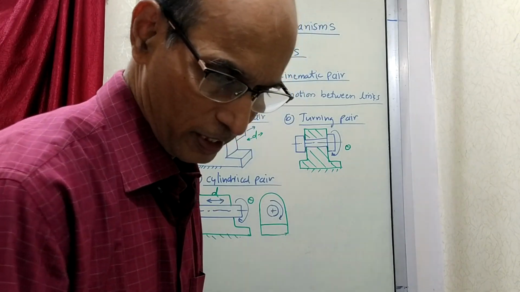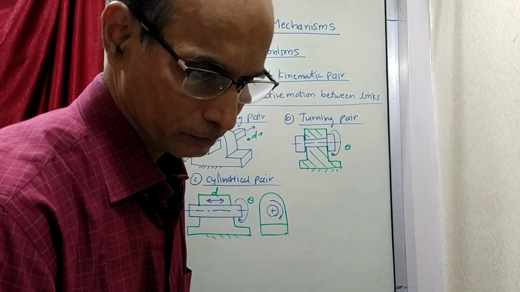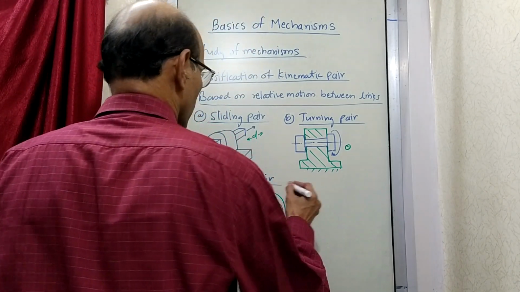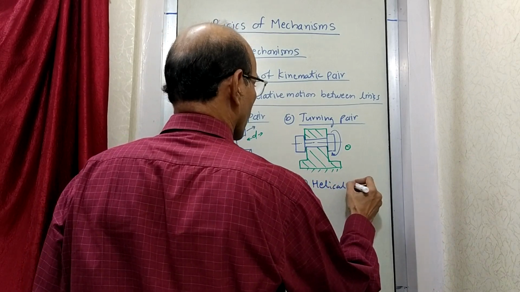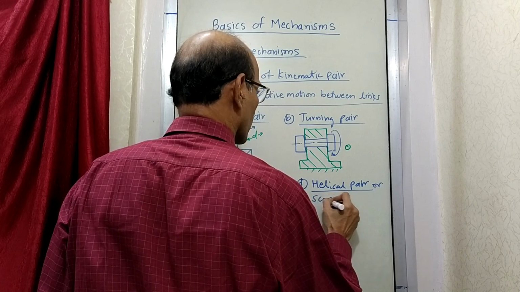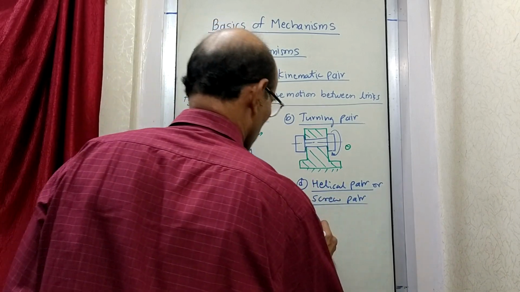Now the next we say it is a helical pair. It is also called a screw pair. So I draw the figure again.